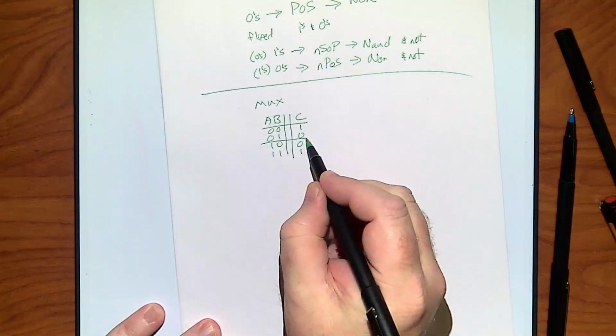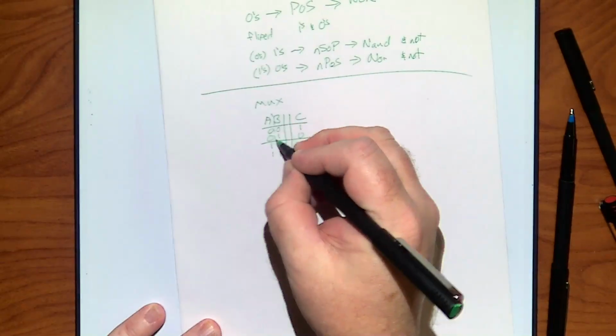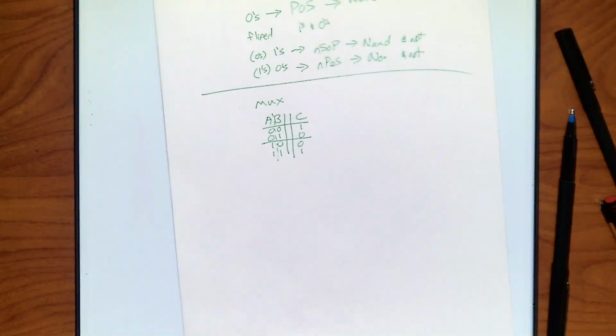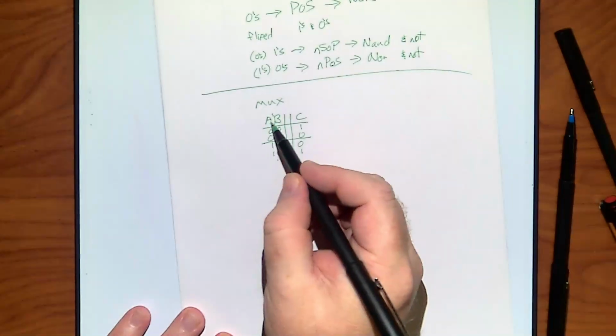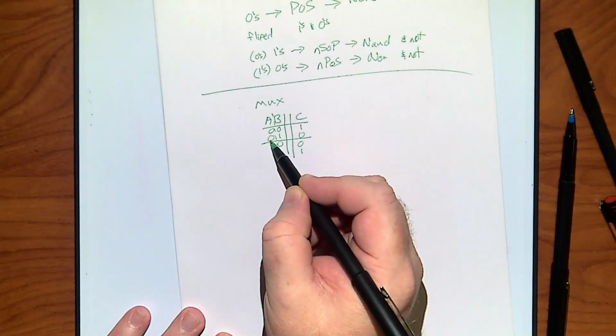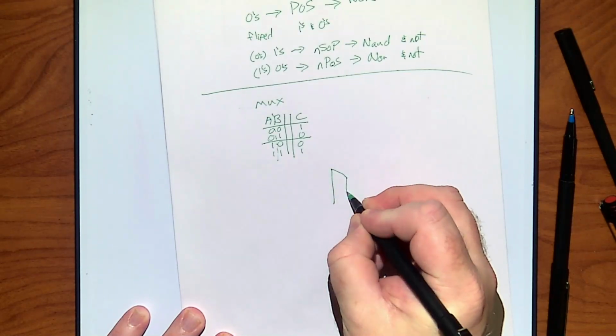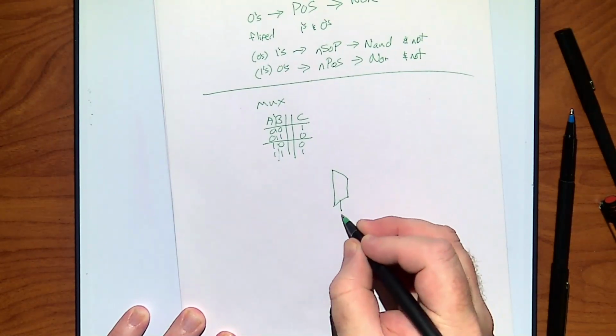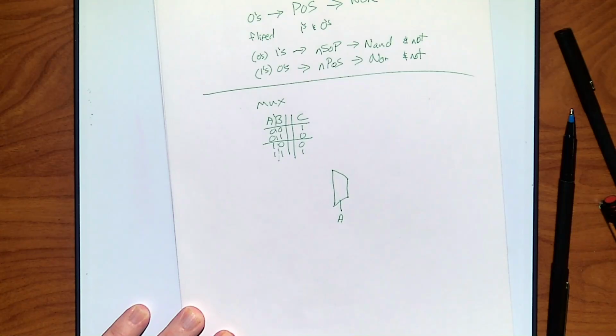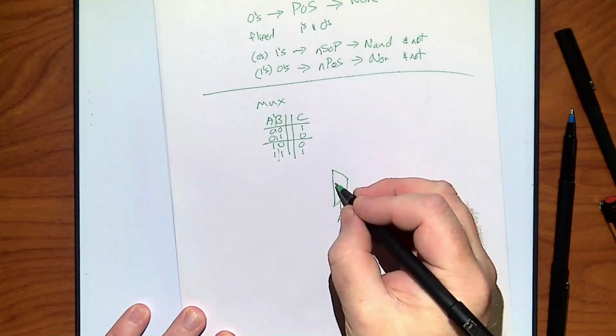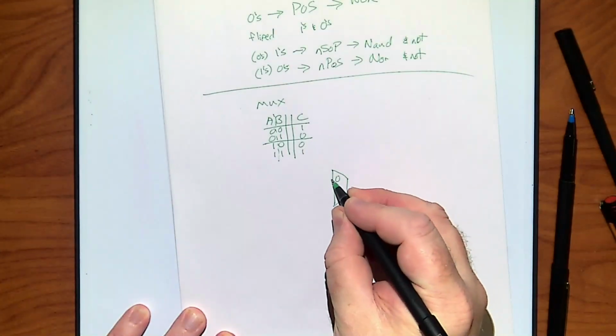Now, you might try to recognize this or other stuff, but let's do what the technique is going to do. First off, it's going to split off the least significant bit. And anything other than the least significant bit is going to be its address. All right? So this A is an address. It's either a 0 or a 1. So on my mux, the control line is A. A can be a 0 or a 1.